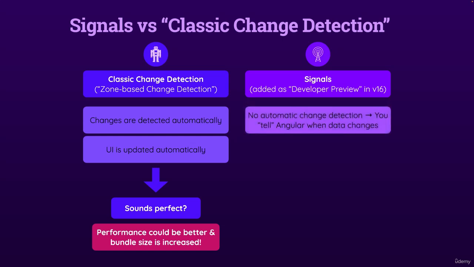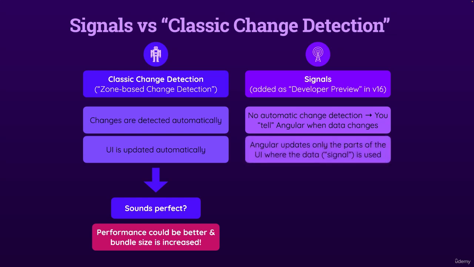Because with signals, there is no automatic change detection. Instead, you, as the developer, basically tell Angular when data changes, and you also tell Angular where the data is being used. Therefore, Angular then also knows which parts of the UI need to be updated when that data changes, and that only those parts of the UI have to be updated.